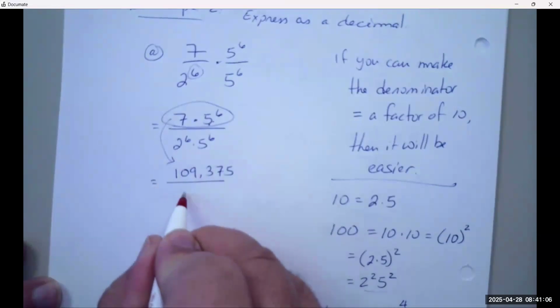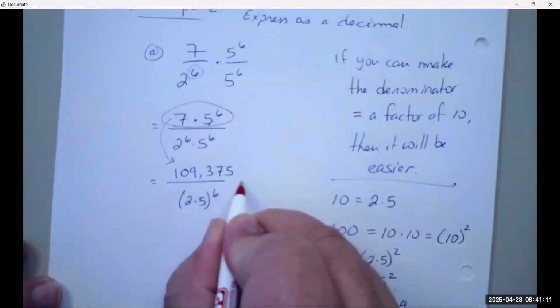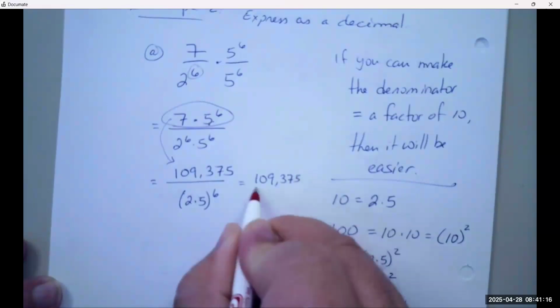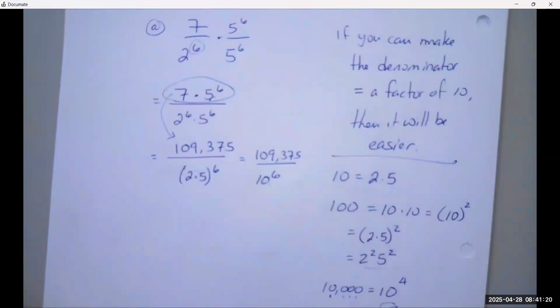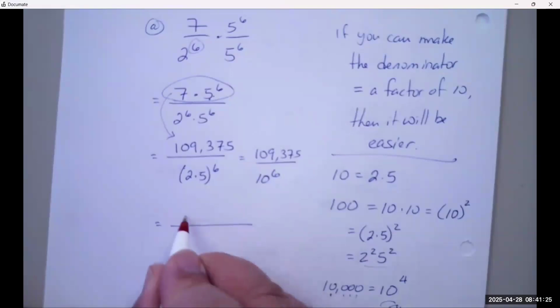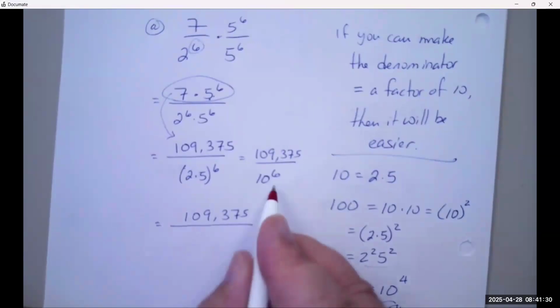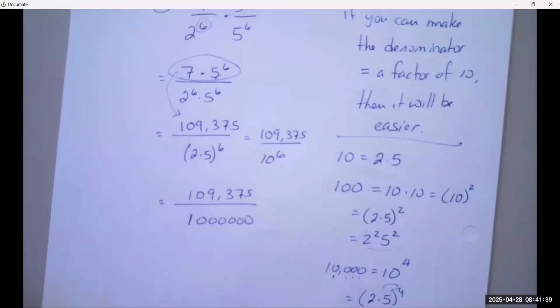And on the bottom, we have 2 times 5 to the 6. So it's 10 to the 6. What does 10 to the 6th look like? So it's a 1 with 6 zeros behind it.